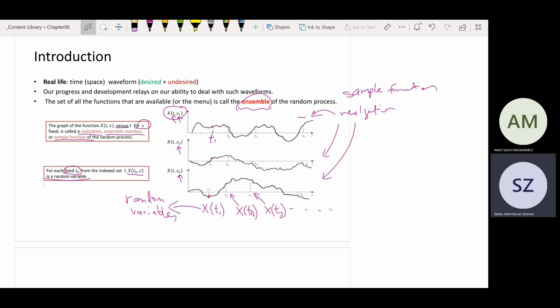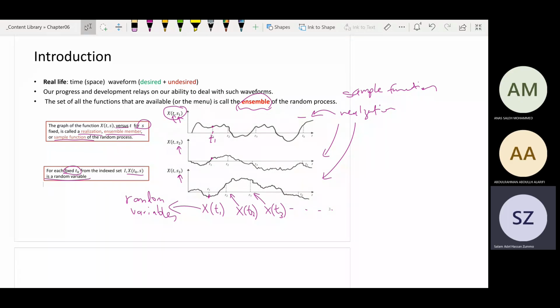Why do we need to do this? Why are random processes important? Clearly, in electrical engineering, you deal with many signals. Signals at the end are variable because of the noise and the reflections that we just spoke about. So in order to assess and analyze your signals, you need to find how these signals behave, and you do this by the concept of random process.